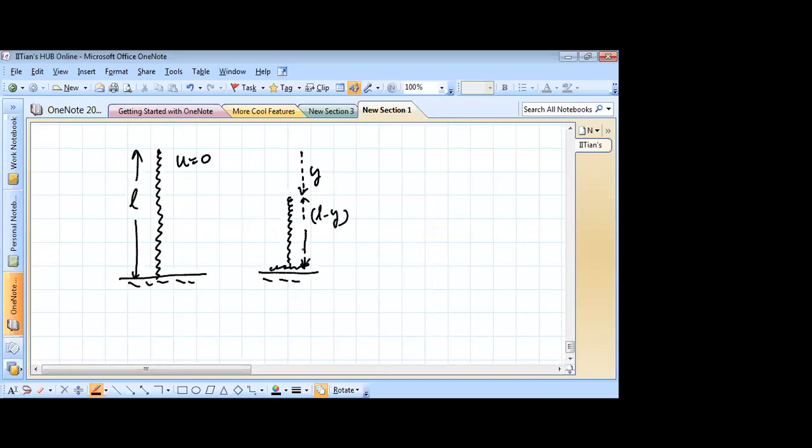So what has happened here is that this is now having a speed v. So what will that speed be? So that speed will actually be root 2 g y. Okay.